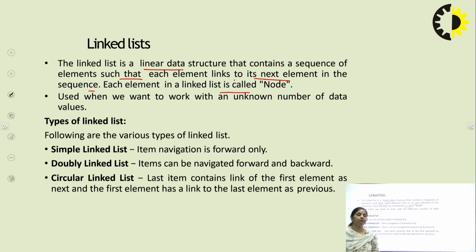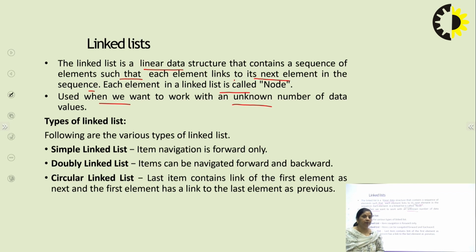Arrays are generally used when we have advance knowledge of how many elements we are going to store. But linked lists are useful when we have to work with an unknown number of data values. We are not aware initially whether we are going to store 10 values, 20 or 100 values.